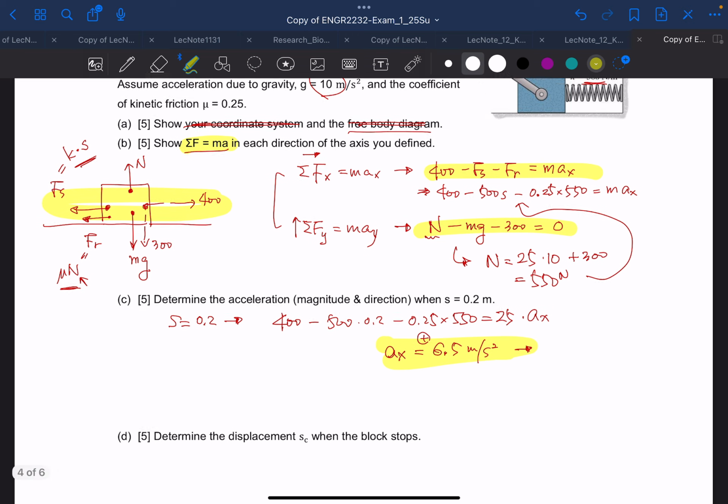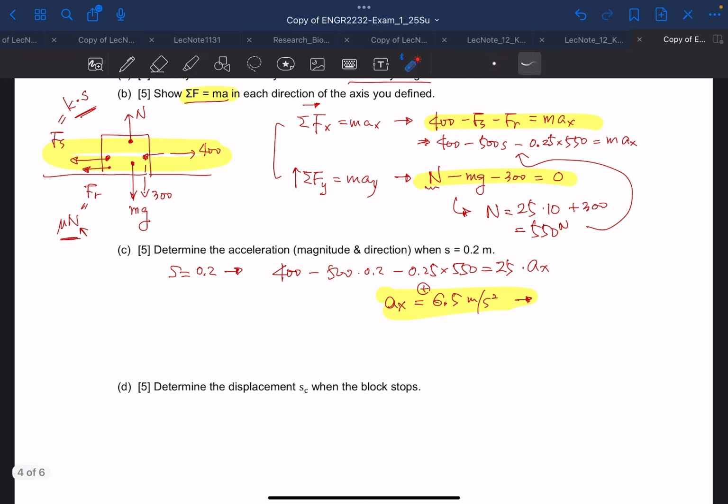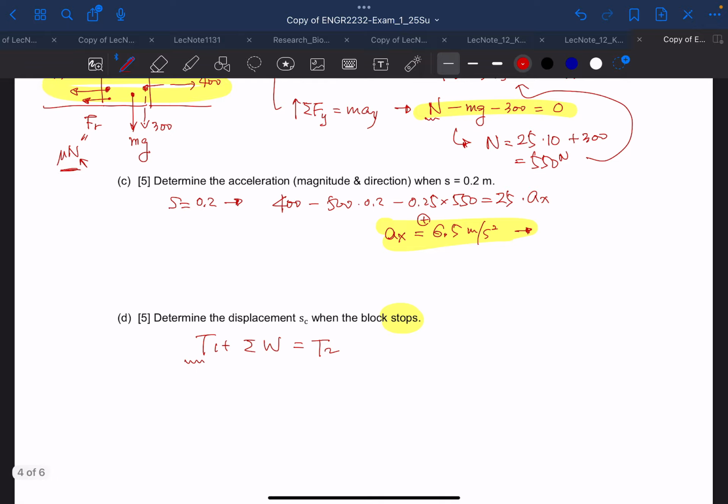And then the next one, we want to find out when the block stops. So we can try this T1 plus summation of all the work is going to be T2, the work and energy principle here. And initially, T1 is going to have a value of what?